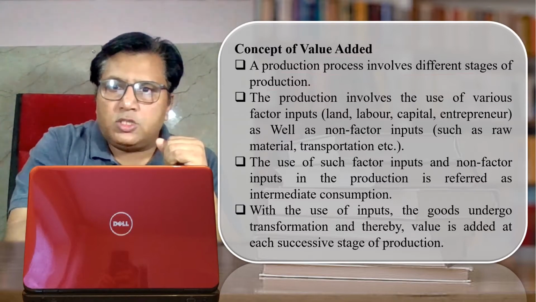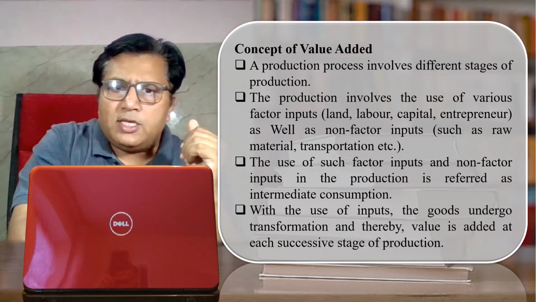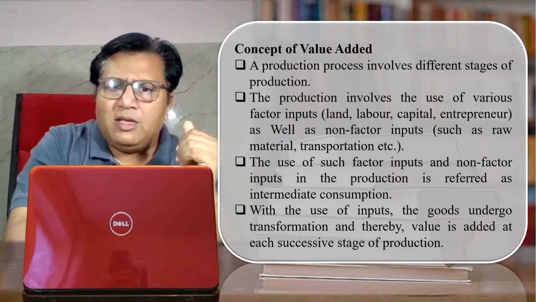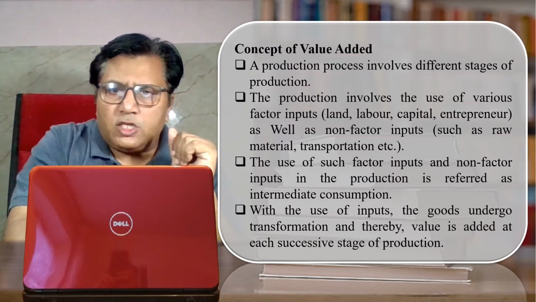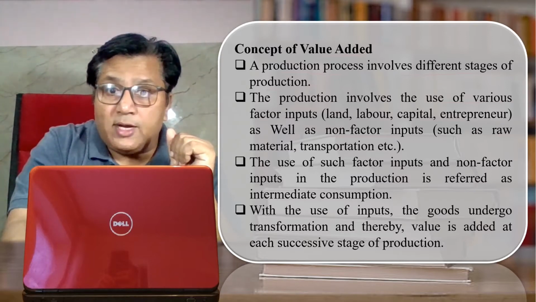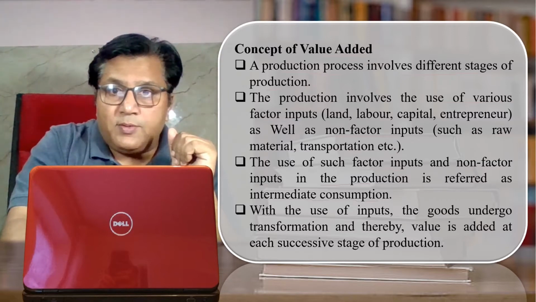The production involves the use of various factor inputs like land, labor, capital, entrepreneur, as well as non-factor inputs such as raw material, transportation, etc. The use of such factor inputs and non-factor inputs in the production is called intermediate consumption.